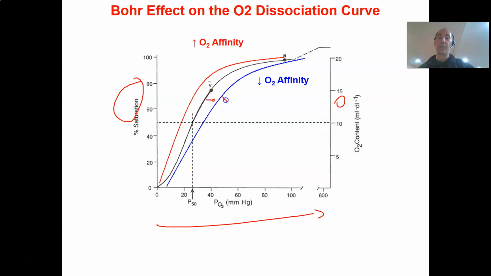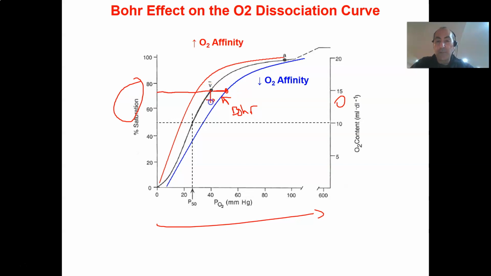That rightward shift, right, is the Bohr effect. And you can see what happens here is that if you were to draw a line straight across, you have the venous saturation at about 75%, right? You have the venous saturation on this line at about 75%.